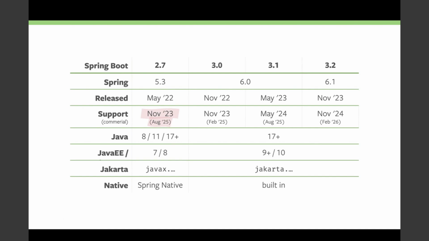In AOT/GraalVM, we assume you're not using that anymore, which means we can avoid loading those classes in the first place, and that gives you a bit of a performance improvement as well.